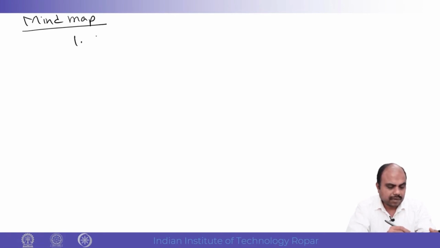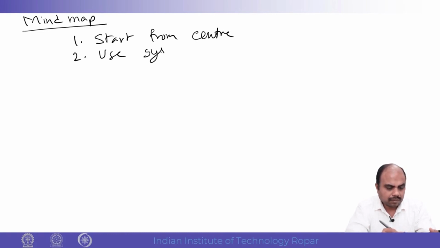So now, how to do a mind map? First, you start from the center. And then you can use symbols, codes, you can use images, and from this you can branch out basically.